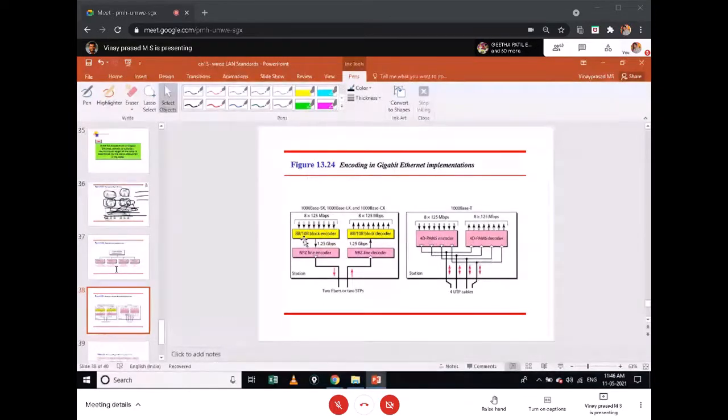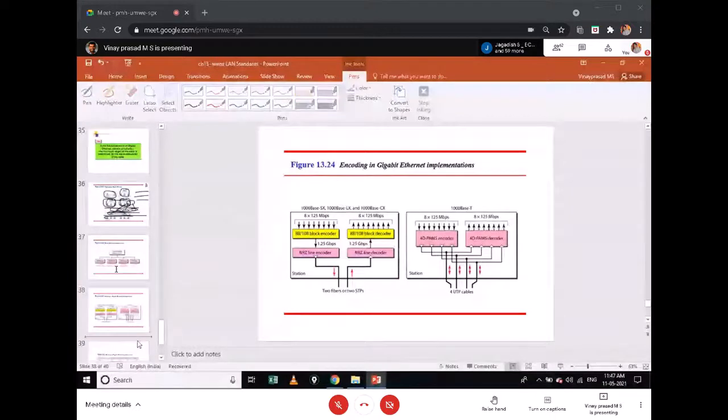Here, 8 bits to 10 bits block encoding provides synchronization, and they use a line encoding technique such as NRZ, a simple encoding technique which helps to reach a data rate of around 1000 Mbps. For 1000BASE-T, we use 4D-PAM5 line encoding to get the data at around 1 Gbps.